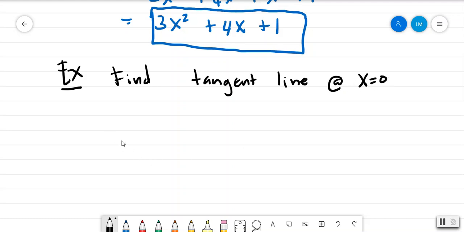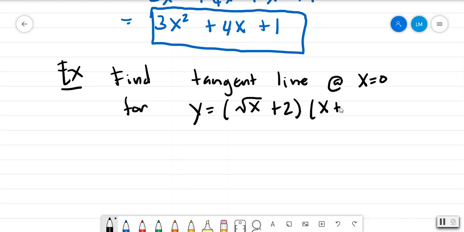So we'll just say find the tangent line at x equals 0 for y equals the square root of x plus 2 multiplied by x plus 1.